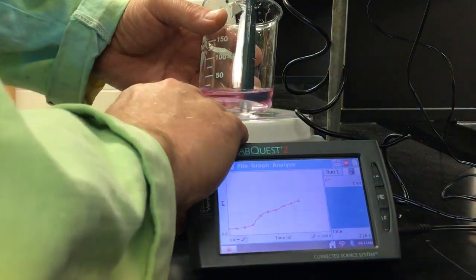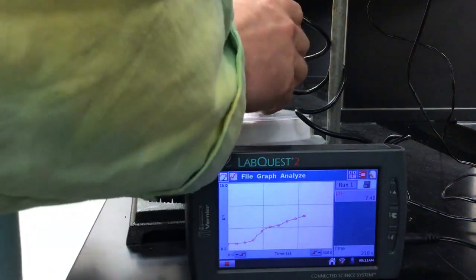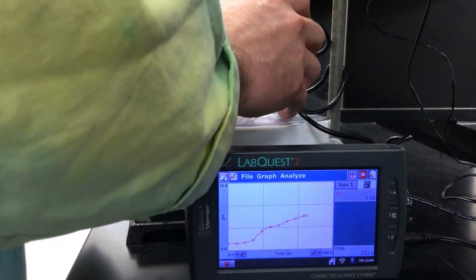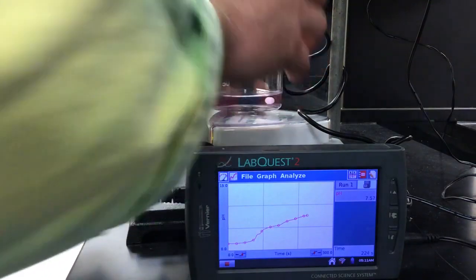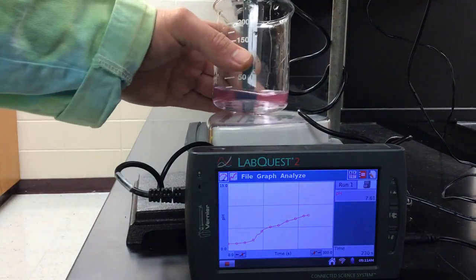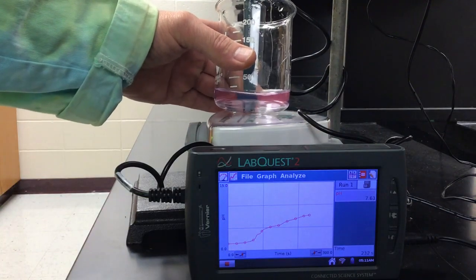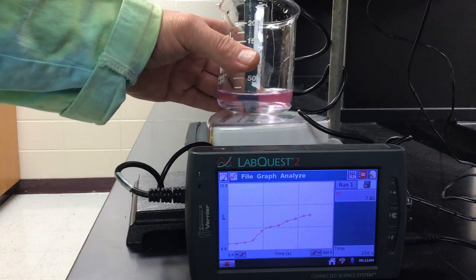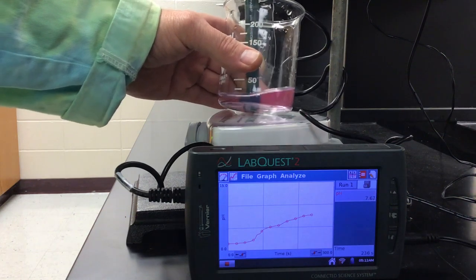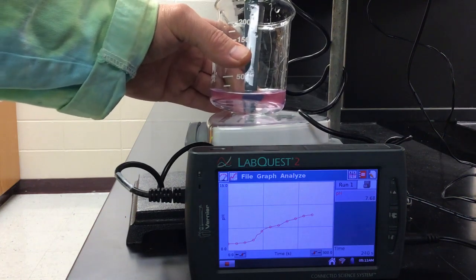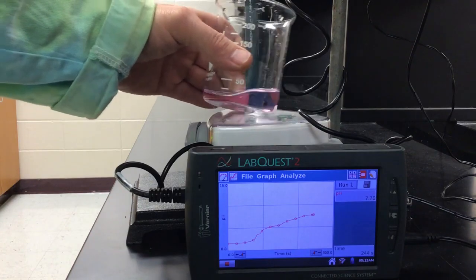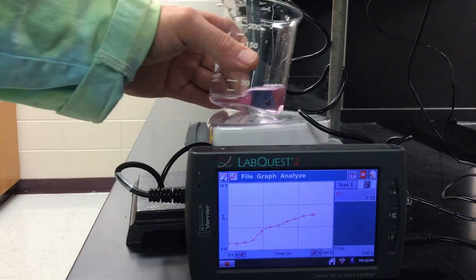What are we at now? We're at 7.4647. Let's see, where are we now? 7.59. So what I'm going to do here in a second is take the other half of the solution that I had originally. We can get it to kind of stabilize.